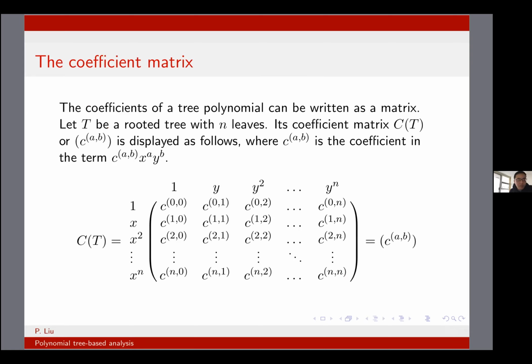All right, so once we have a one-to-one correspondence between the polynomial and the trees, we can write the polynomials as a matrix, since it's a bivariate polynomial. And as you know, matrices and vectors are good formats, or good tools, for data analysis. So we basically write the coefficients of the polynomials as a matrix, like this.